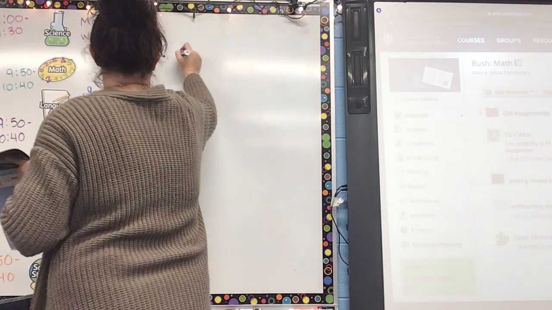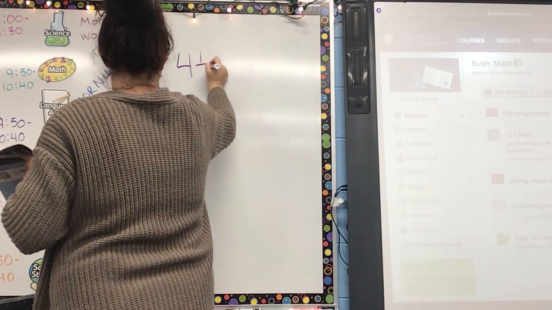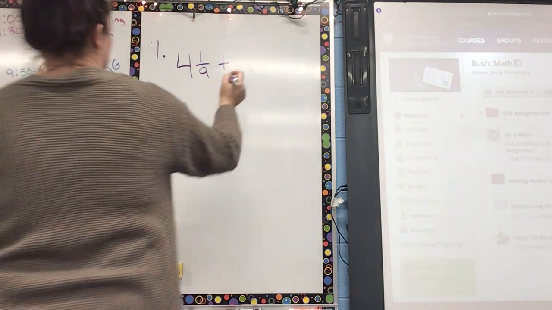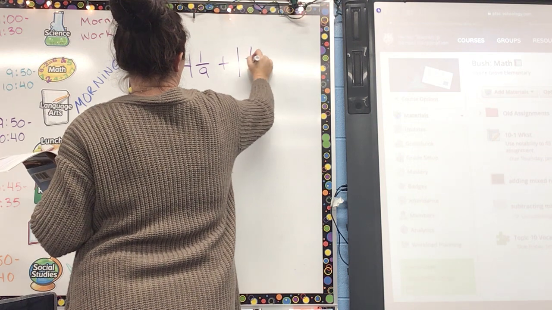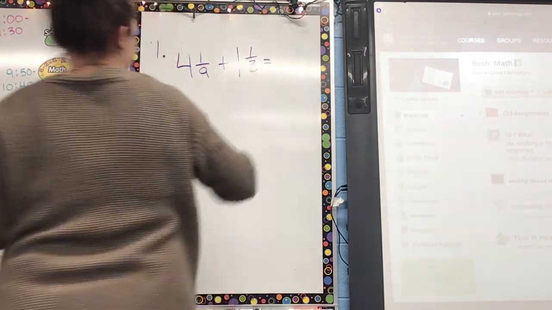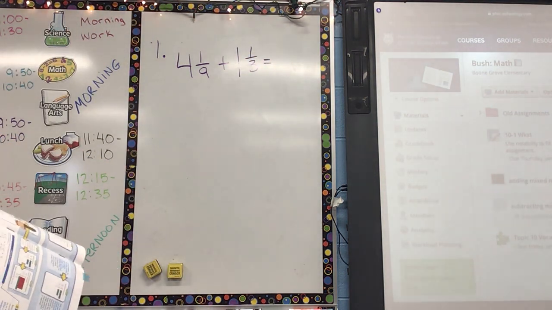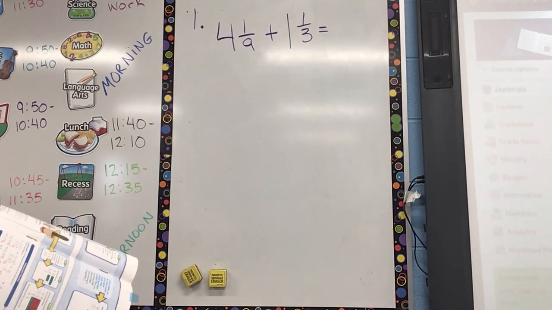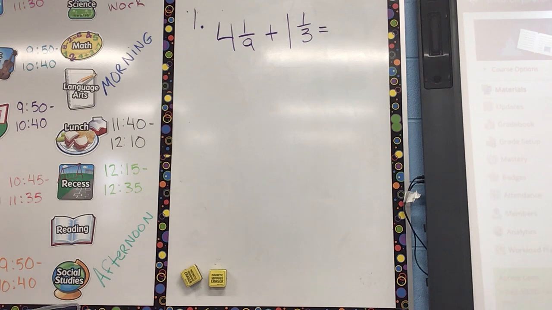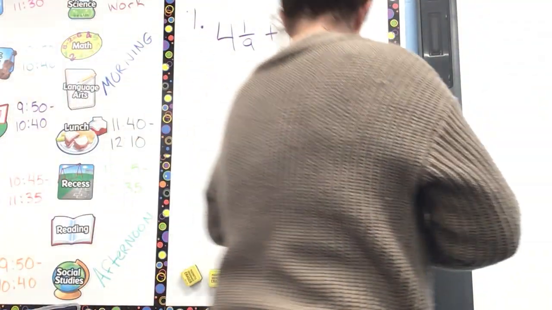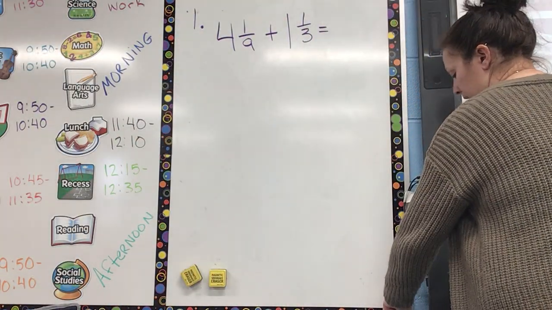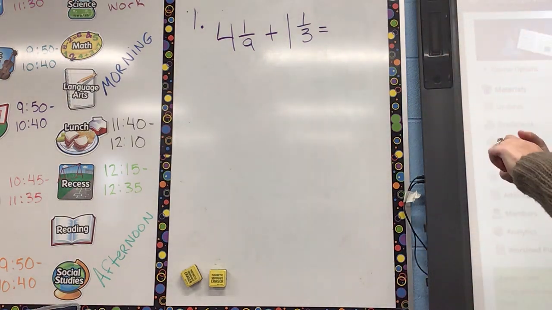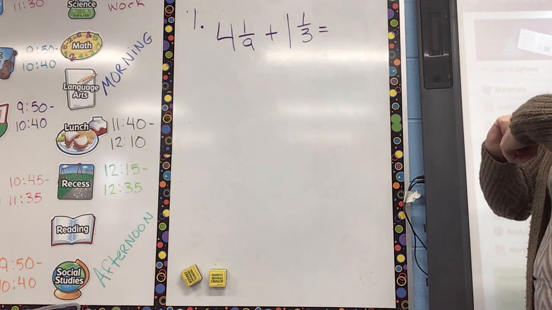Let's do 4 1/9 plus 1 1/3. Number 1. All right, let's check my denominators. Do I have like denominators? No. So can I leave that? No, I have to fix that right away, right?